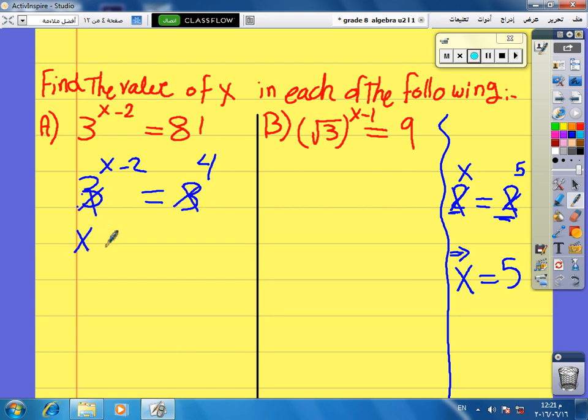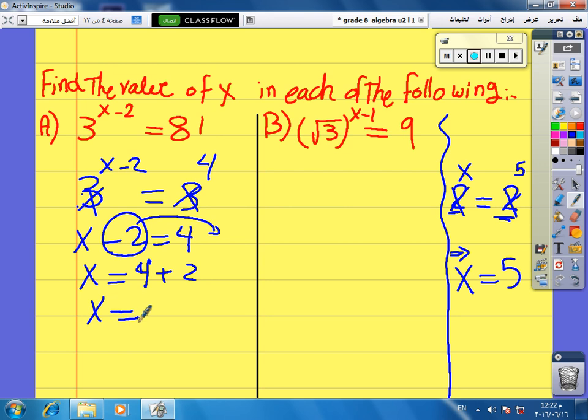So x minus 2 equals 4. It's an equation now. To solve this equation, we will take negative 2 to the other side and change the sign. You studied equations in grade 7. So x equals 4 plus 2, x equals 6.